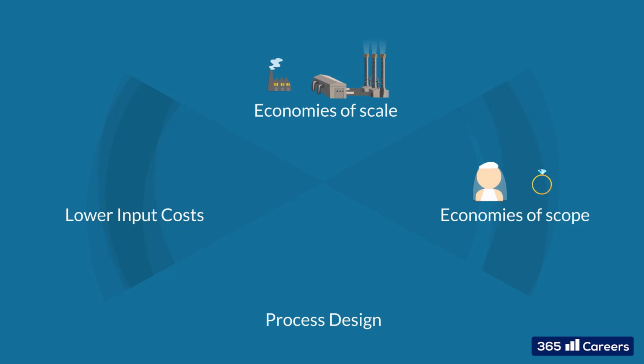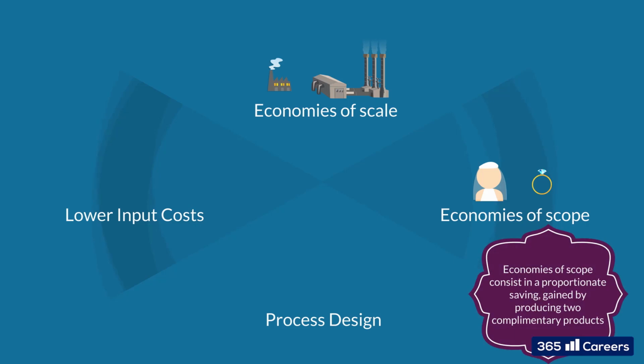Some companies excel at achieving economies of scope. If they operate in more than one business, certain firms can often achieve economies of scope, which pushes down their costs even lower. Economies of scope consist in a proportionate saving gained by producing two complementary products. The cost of producing the two goods under the same roof is lower than the cost of producing them separately.